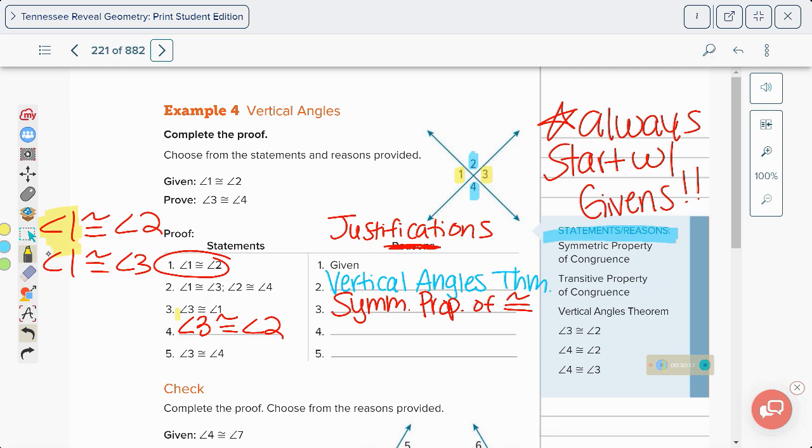Angle 3 is also equal to angle 1. Because they both equal the same thing, they both equal angle 1, that's how I can pull these to the side and set them equal to one another.